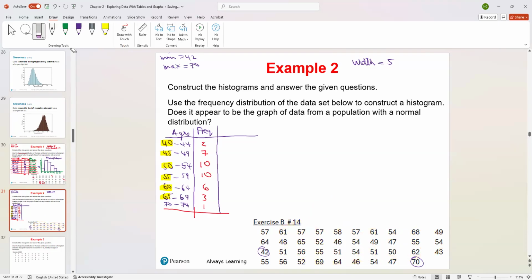Now, in order to construct a histogram using frequency, we need the class boundaries again. How do you think we're going to find the class boundaries? Because we did it before, right? Class boundaries, meaning take 0.5 from the lower limit.